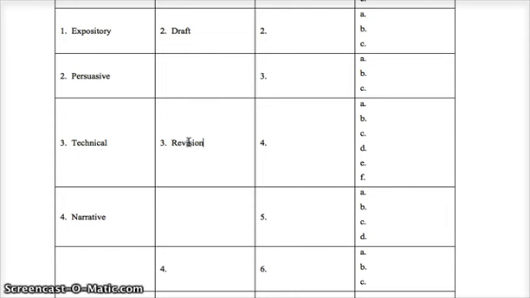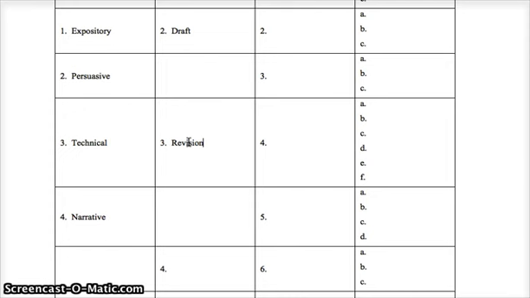Re means again. And so revision means to look at your paper again. And it means to look at it from a very broad perspective, from all different angles, to decide if the way you have written the paper is the best way to write the paper for its purpose.